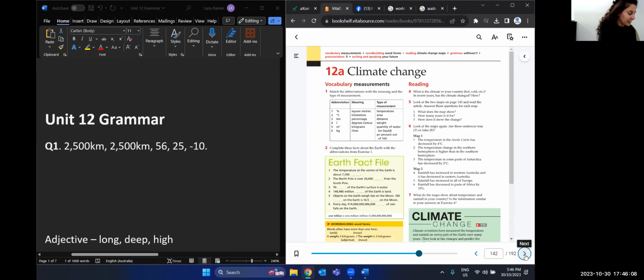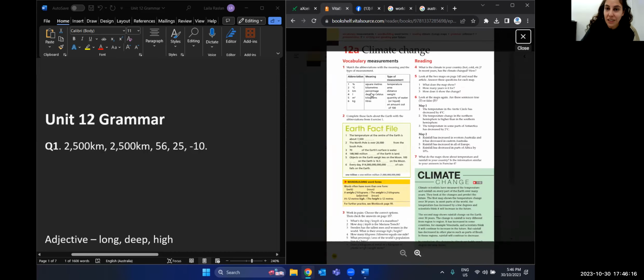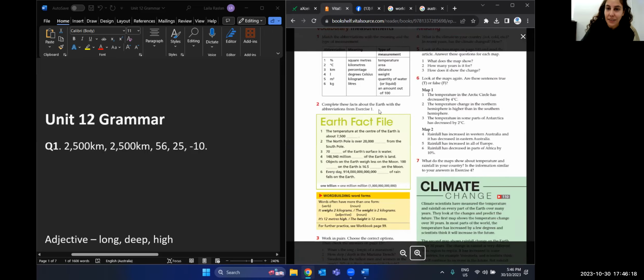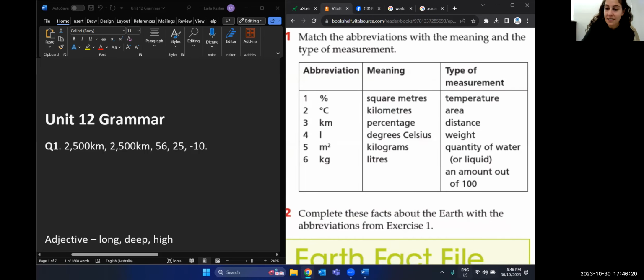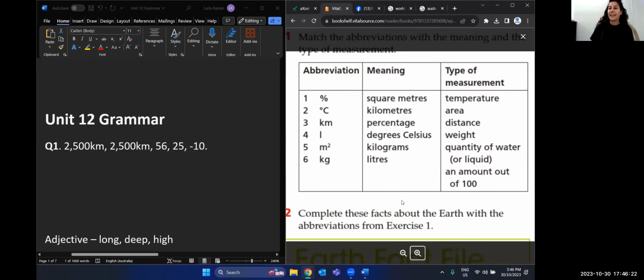Okay, so let's look at measurements, some vocab to do with measurements. So when we want to measure things, sometimes Americans may have a different way to measure something. But in Australia, we have this symbol, and what is this symbol?